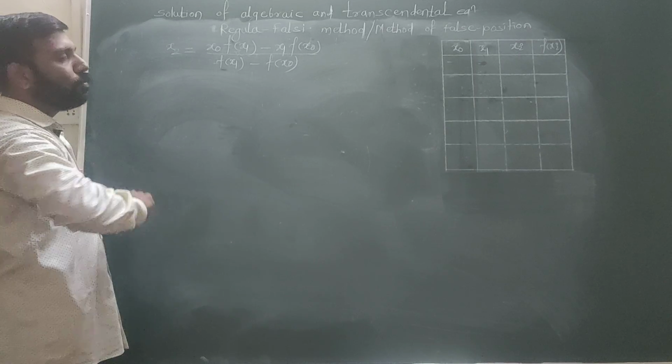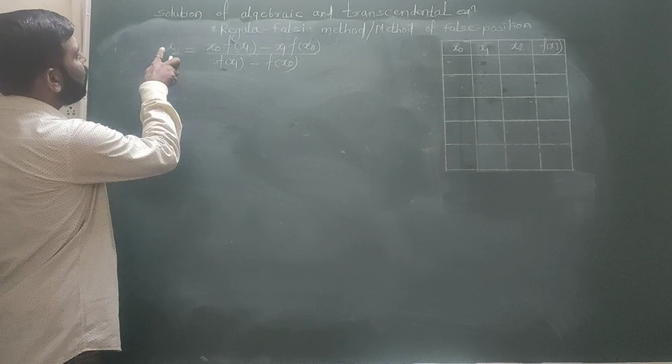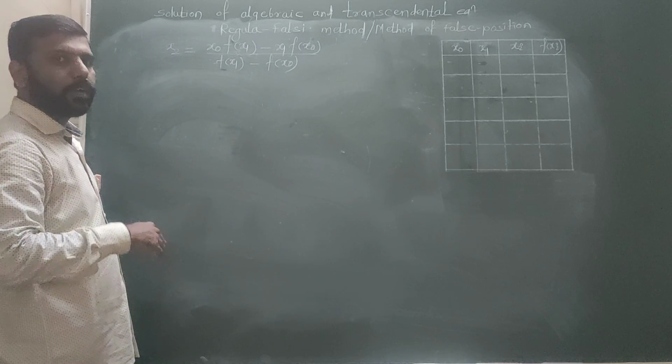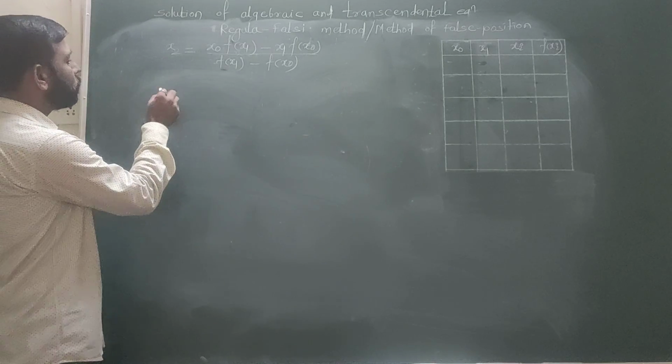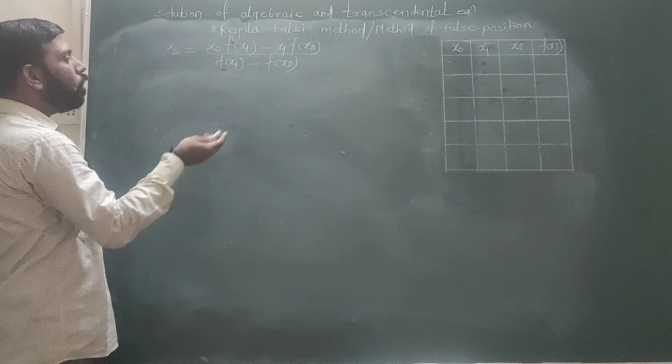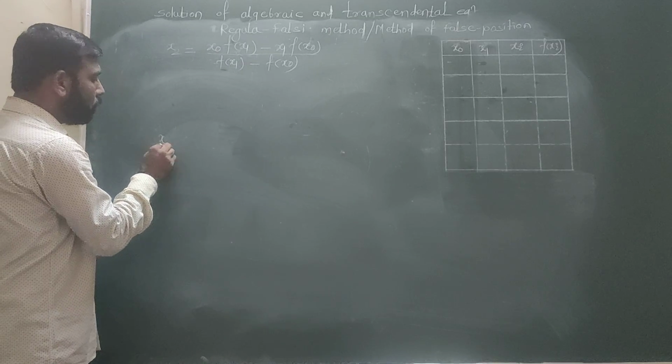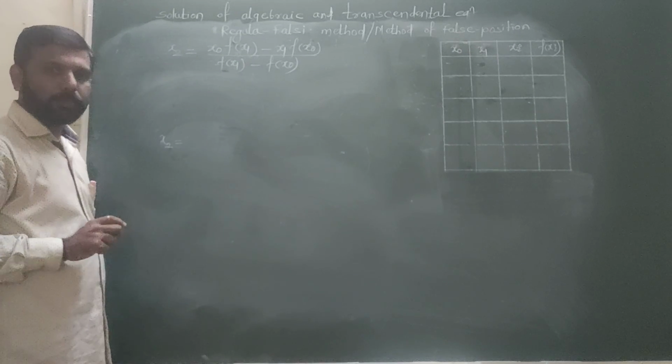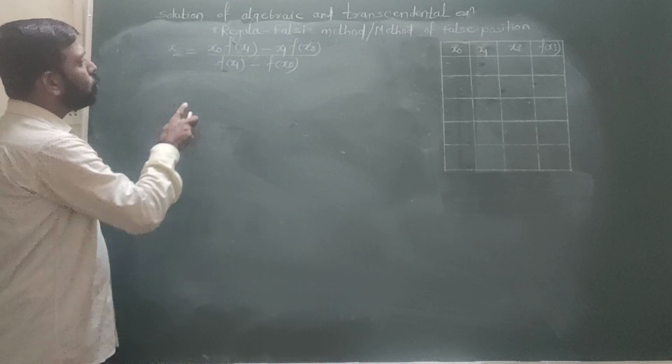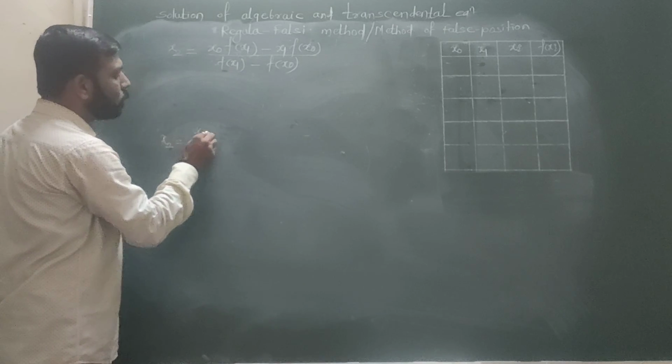Now we call this the first approximation. Actually this represents x2, but we call it the first approximation. When we go ahead, we keep our formula the same.